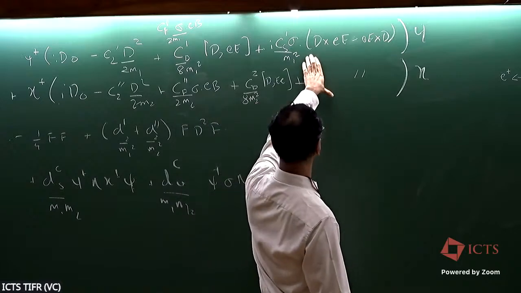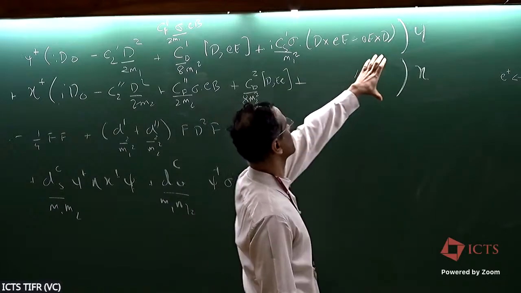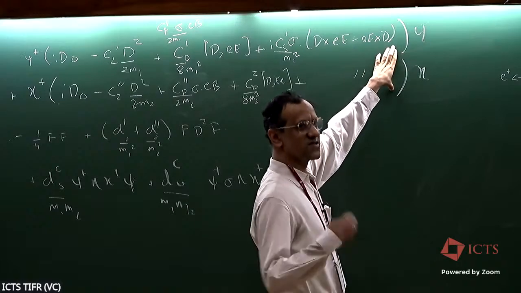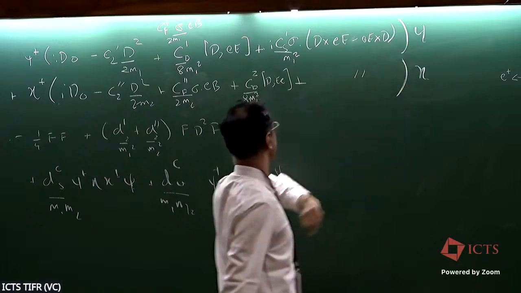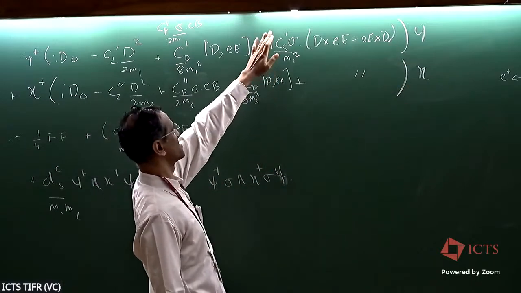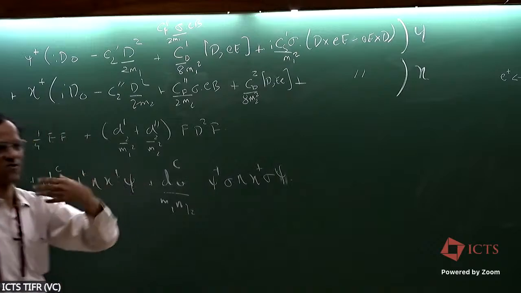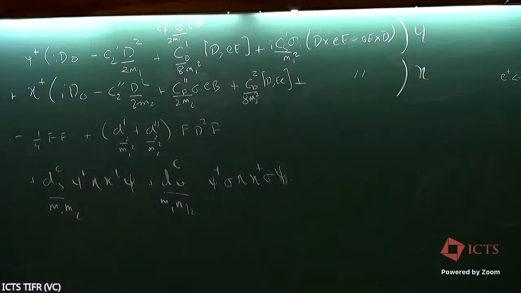So you've seen the matching of this part of the Lagrangian to the QED Lagrangian, right? You saw that these coefficients are of the order of 1 at leading order, and you can even calculate higher order corrections to these coefficients.